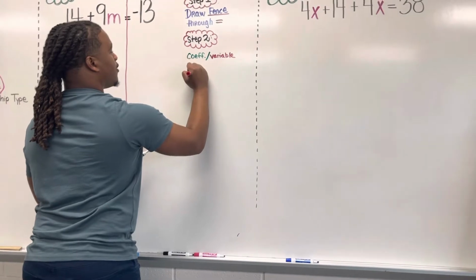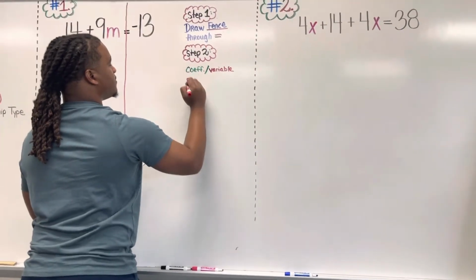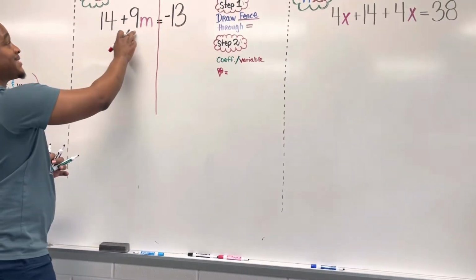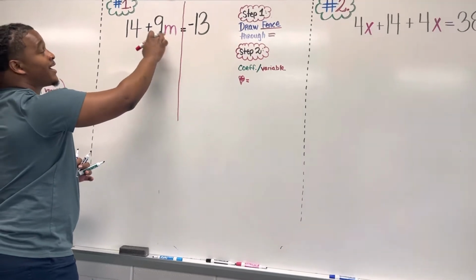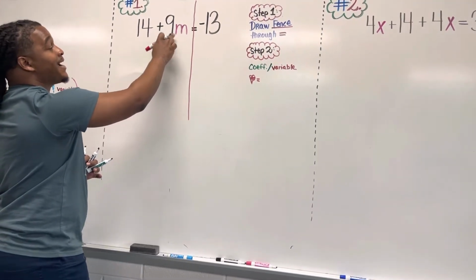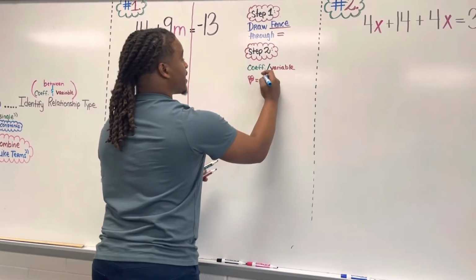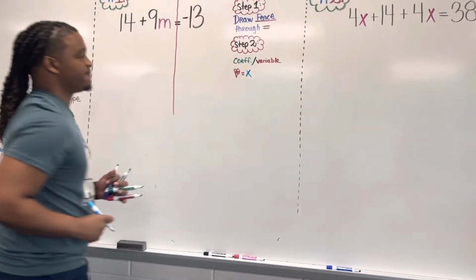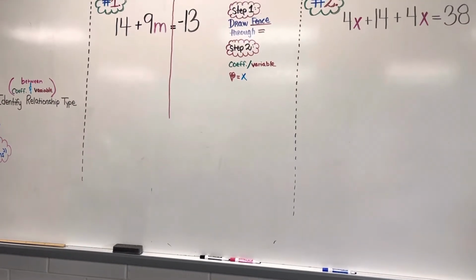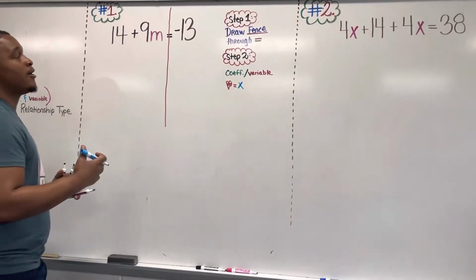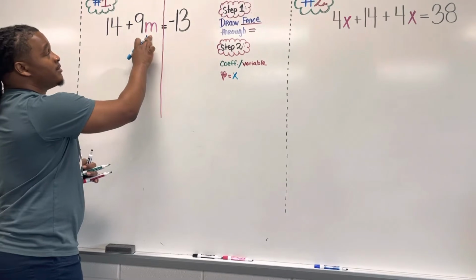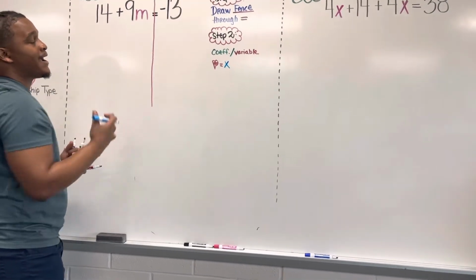So I'm just going to put a little heart representing the relationship, okay? Now, it's not saying 9 divided by m or m divided by 9, it's saying 9 times m. So their relationship is based on multiplication. So I'm just going to put a multiplication sign. But of course, in order for us to find out the value of m, eventually 9 and m are going to have to break up.